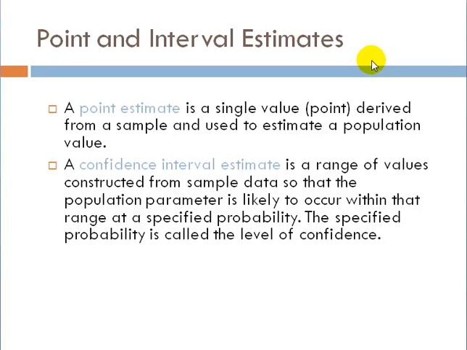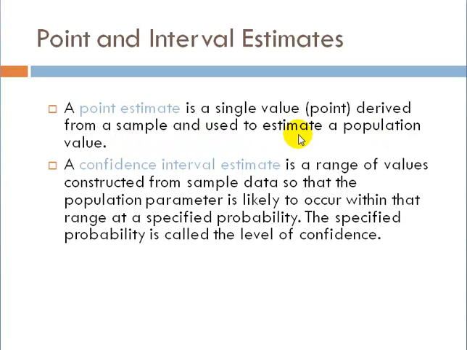This time we continue with the same PowerPoint slides, but in a different chapter, chapter 9. Point and interval estimates. A point estimate is a single value derived from a sample and used to estimate a population value.